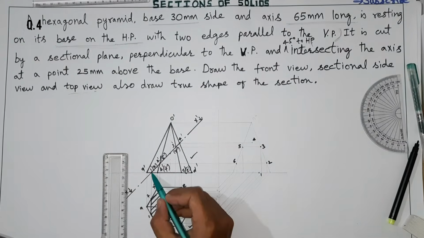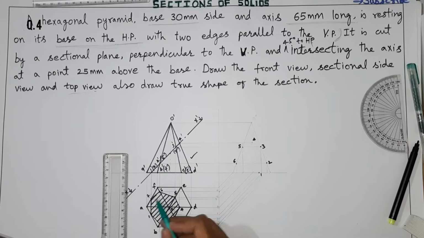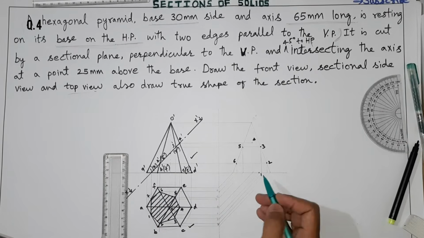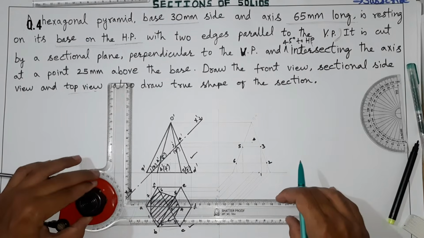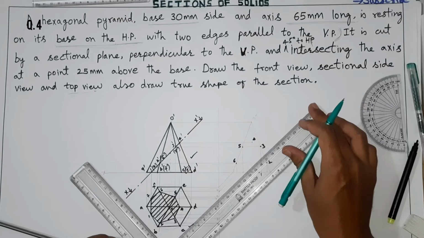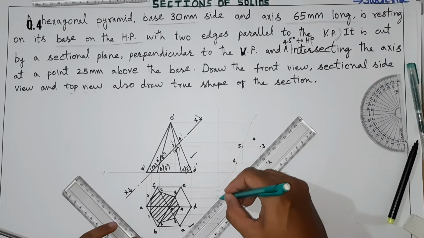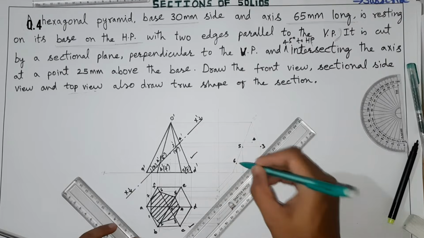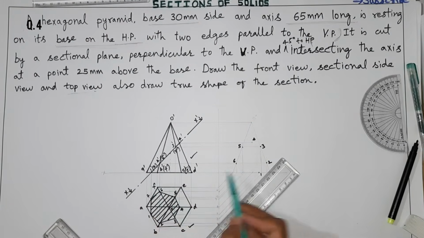Only you have to shift point number 1 and 7 which are on the base. From here you have to take point number 1 and point number 7. 7th point is here, that also we have to transfer. Once again I am repeating, this point number 1 and 7 only you can take from here. That will not come from front view towards side view.